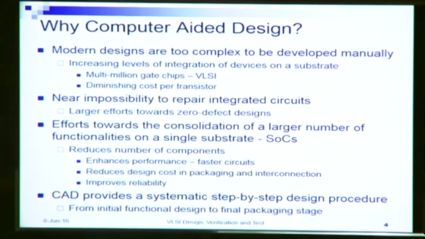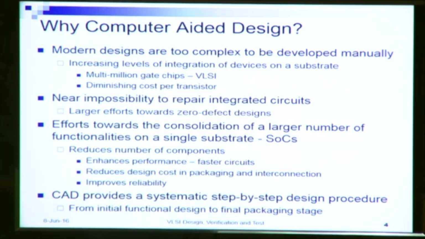It enhances performance, faster chips, because inter-chip communication will always be slower than intra-chip communication. This also reduces design cost in packaging and interconnection, because you are now packaging many things into a single chip, and it also improves reliability, because interconnections always introduce errors.